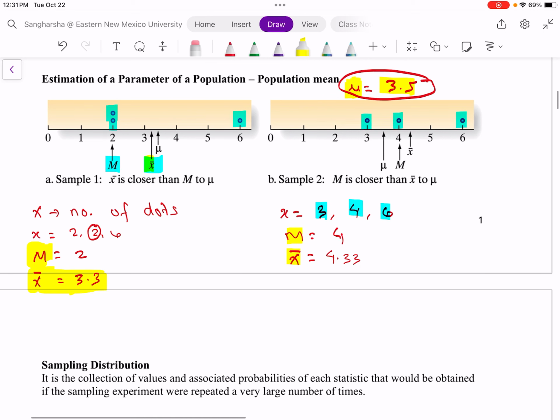From sample 2, which one is closer? Your population mean is 3.5. Your median is 4, X bar is 4.33. Out of median and X bar, which one is close to this mu value? So you have 4 and 4.33.